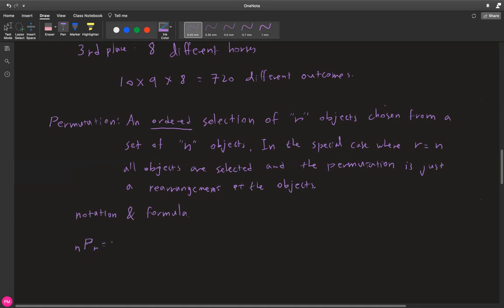And it's simply given as N multiplied by N minus 1 multiplied by N minus 2, and you're simply multiplying all the way down to N minus R plus 1. And that's simply N factorial divided by N minus R factorial.